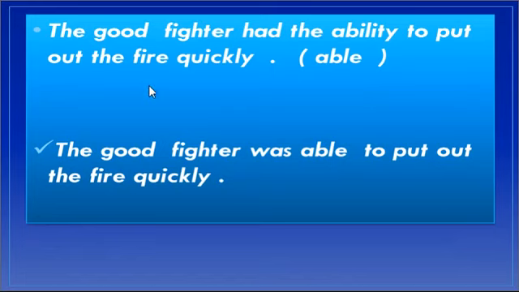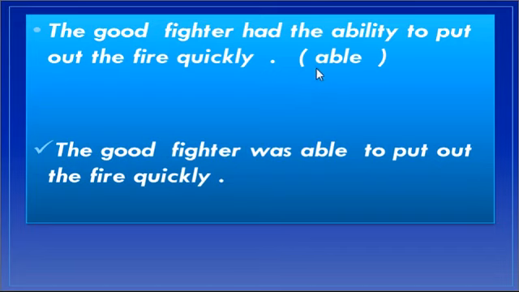Okay, another one. The good fighter had the ability to put out the fire quickly. Here he uses the ability, had the ability. Here he speaks in the past. Had the ability means he had the capability.